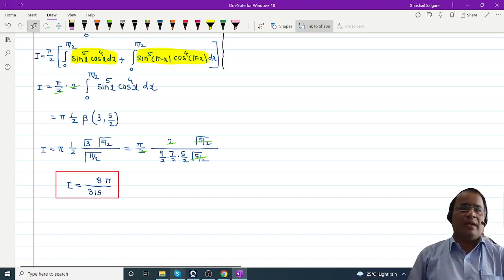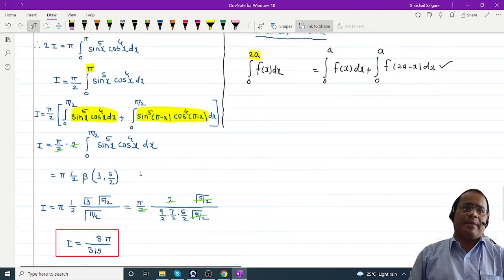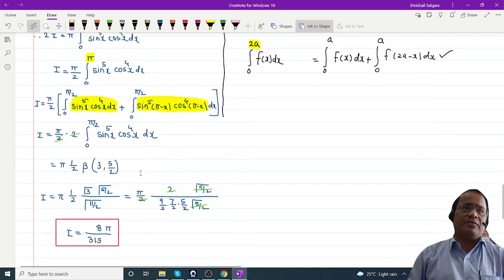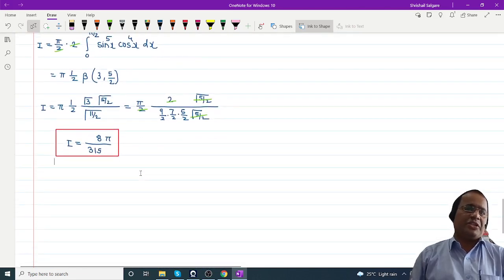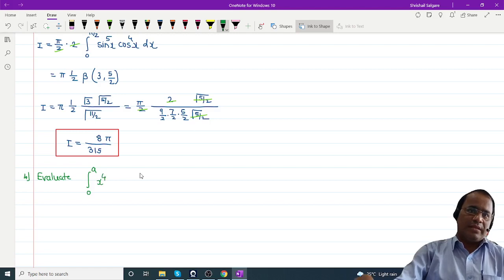Okay. Now next I will consider some algebraic terms contained in the integrand, and suppose you evaluate the same integrals by using the second definition. Fourth example, evaluate the integral 0 to a, x raised to 4 divided by the square root of a square minus x square.